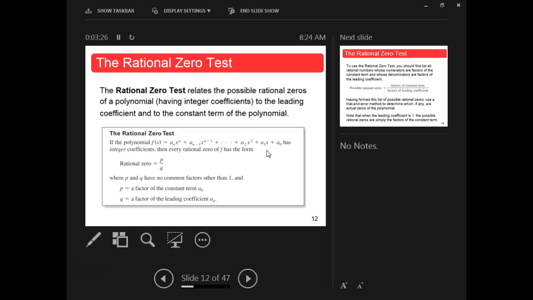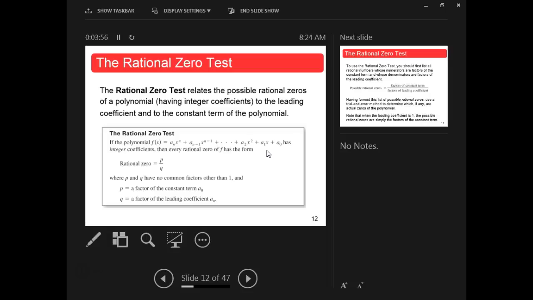The sentence about having integral coefficients is rather weird. It relates the possible rational zeros to the leading coefficient and to the constant term of the polynomial. So here's your polynomial. f of x equals a sub n, x to the n, plus a sub n minus 1, x to the n minus 1, plus dot, dot, dot, all the way up to a sub 2, x squared, plus a sub 1, x, plus a sub 0.